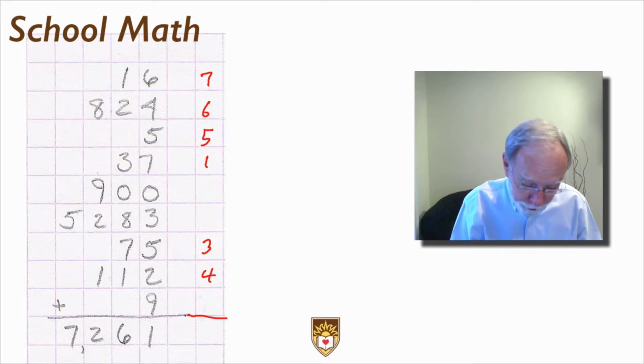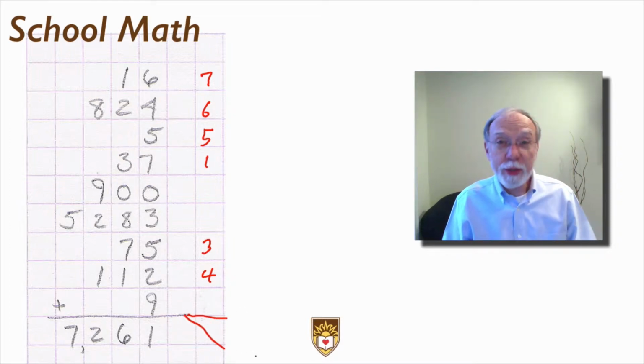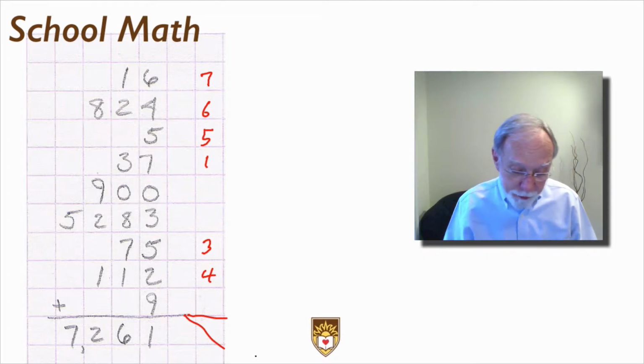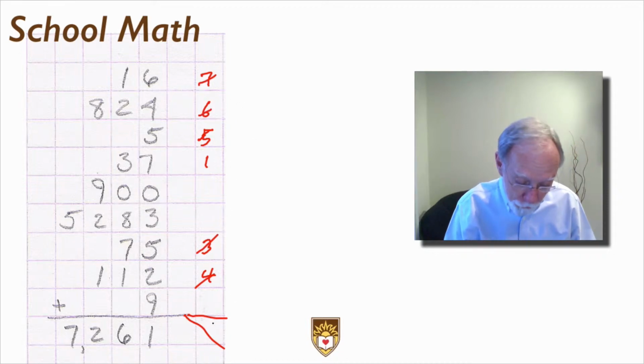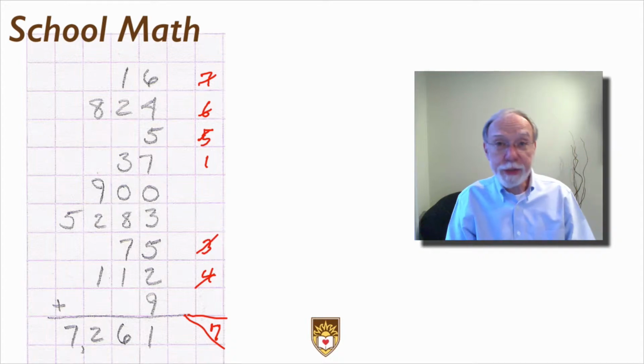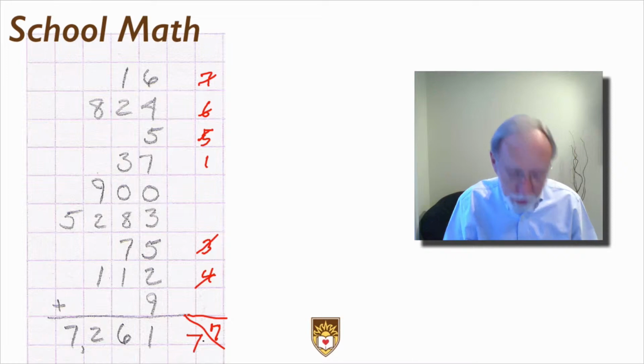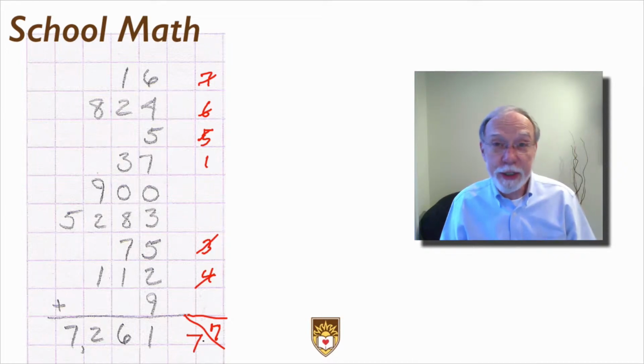Okay, so I'm taking something called the digit sum of each line, and then I sum these together, and let's see what I get. And then the digit sum down here. I got a pair of 7s, which means there's a 90% chance that my addition is correct.